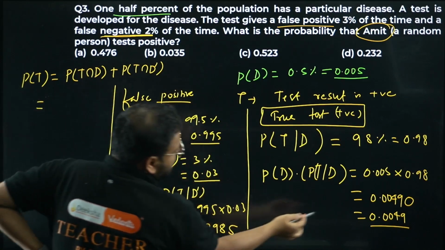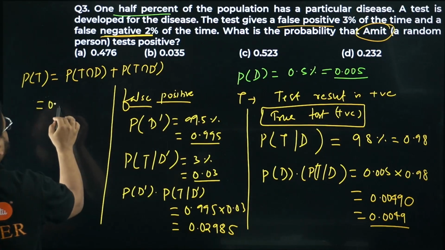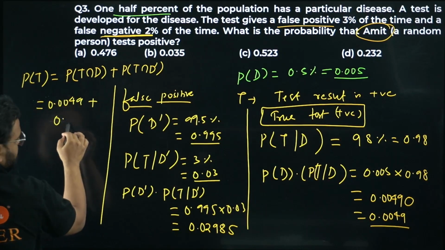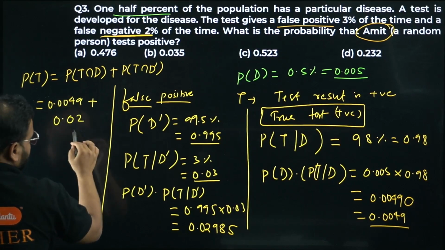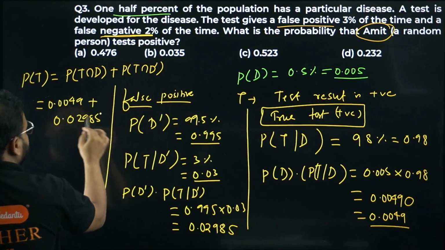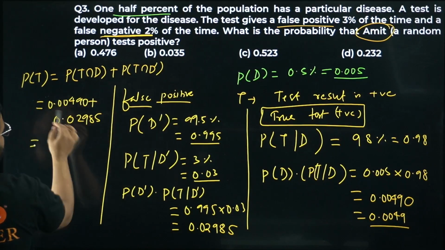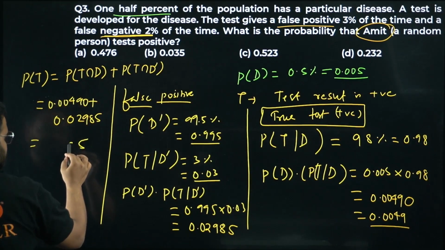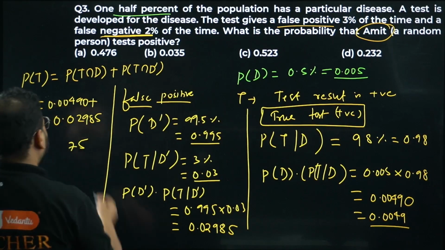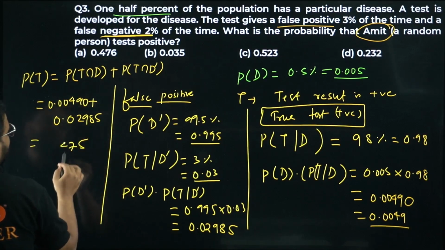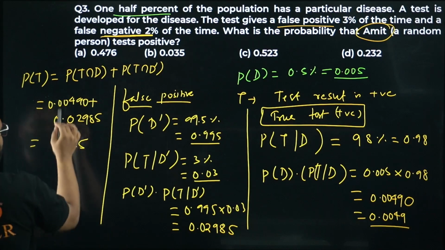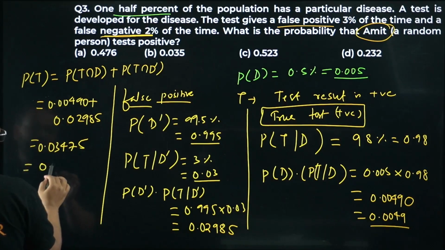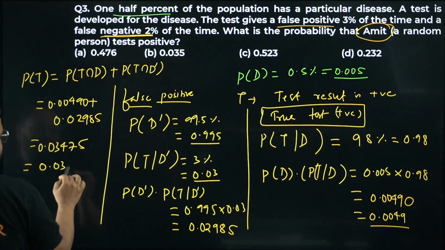Please check. I'm getting this result as 0.0049 plus 0.02985. I can write a 0 over here to make the decimal places even. 5 plus 0 is 5, 8 plus 9 is 17, 1 is the carry. 9 plus 4 is 13 plus 1 is 14. 2 plus 3 is 3 only, and we have 1 0 left. 0.03475 will become 0.035.